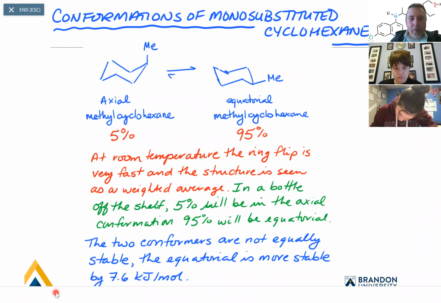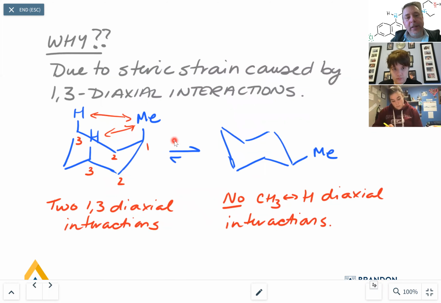So there is a strain associated with cyclohexanes, and it's called 1,3-diaxial strain. And so whenever you've got a methyl group in an axial position, there is a strain associated with the protons in the other axial position. So that's why it's like the 1,3-diaxial. So this methyl group has an interaction with this proton and this proton.